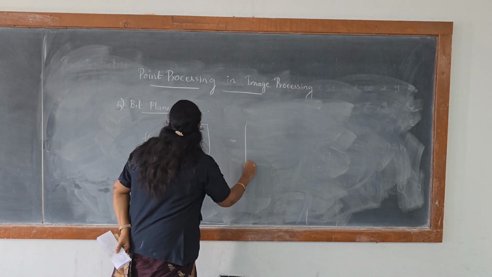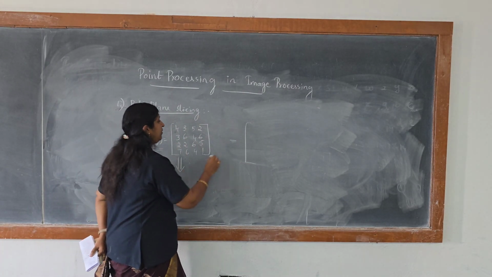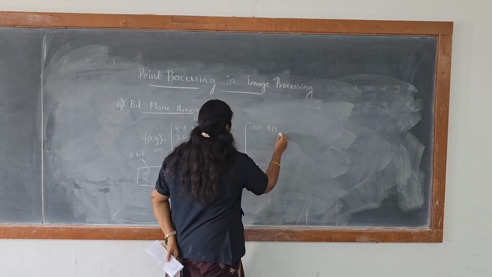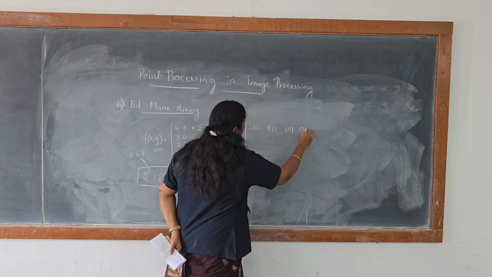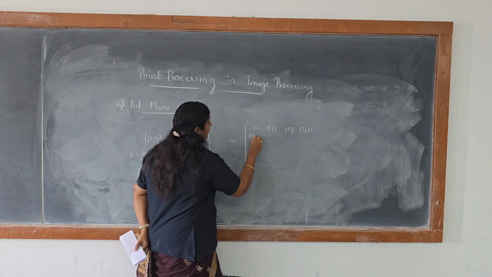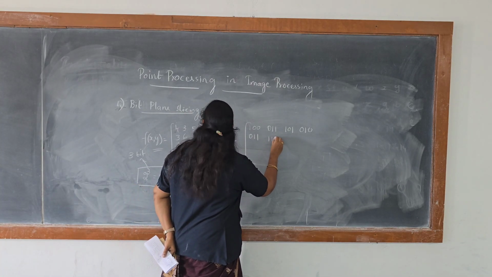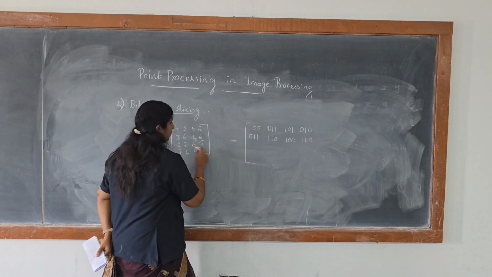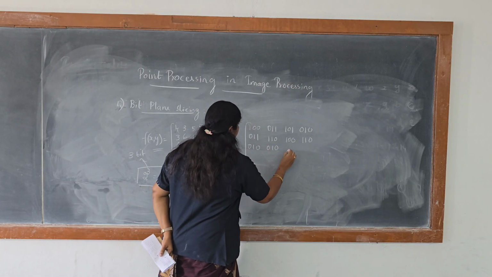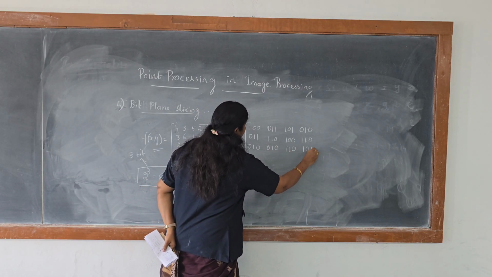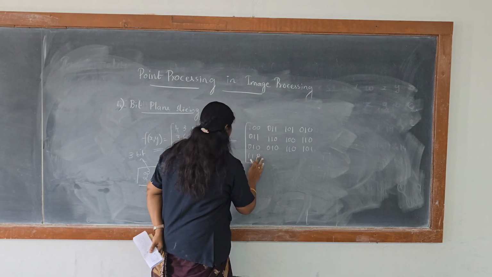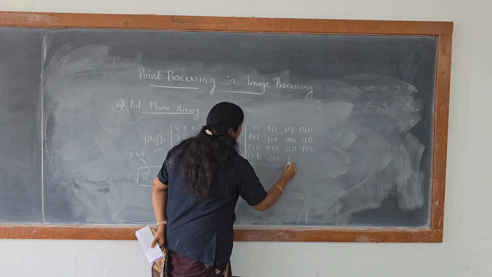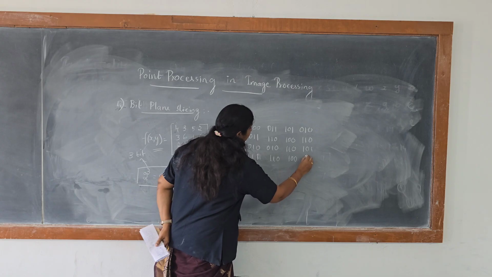For 4, how will you write the 3-bit value? 1 0 0, and 3 is 0 1 1, 5 is 1 0 1, 2 is 0 1 0, and 3 is again 0 1 1, 6 is 1 1 0, 4 is 1 0 0, again 6 is 1 1 0, 2 is 0 1 0, 6 is 1 1 0, 5 is 1 0 1, then 7 is 1 1 1, 6 is 1 1 0, 4 is 1 0 0, and finally 1 is 0 0 1.